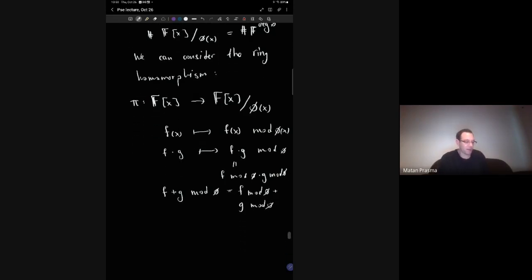Now I look at, or maybe put it like this. F is contained in Fx modulo phi of x as the set of constant remainder polynomials.